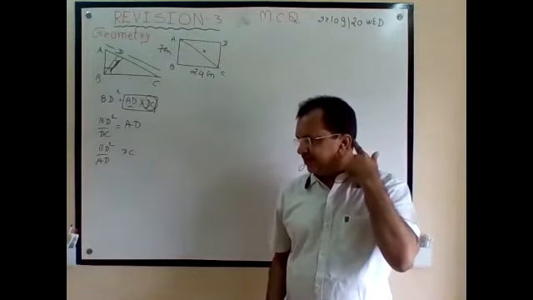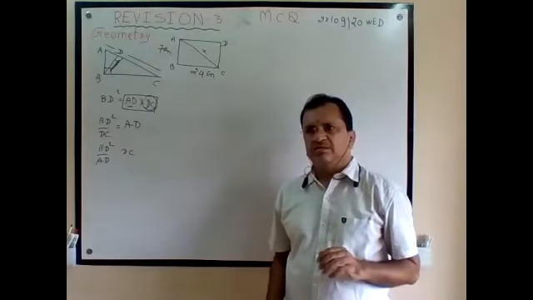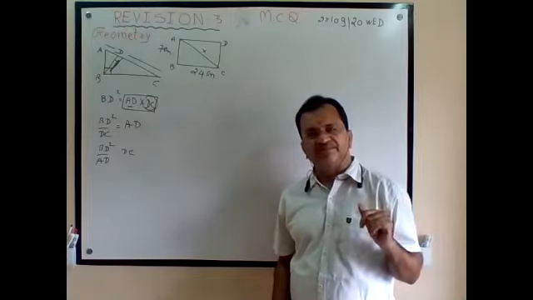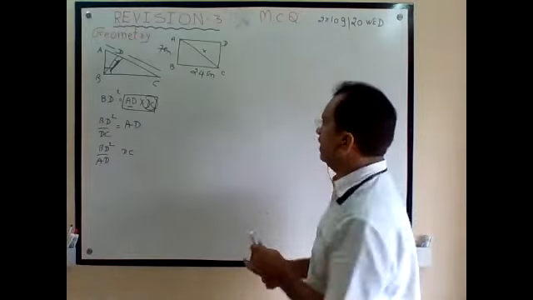In a rectangle, measuring angle B is 90 because each and every angle is 90. So by Pythagoras you can calculate.